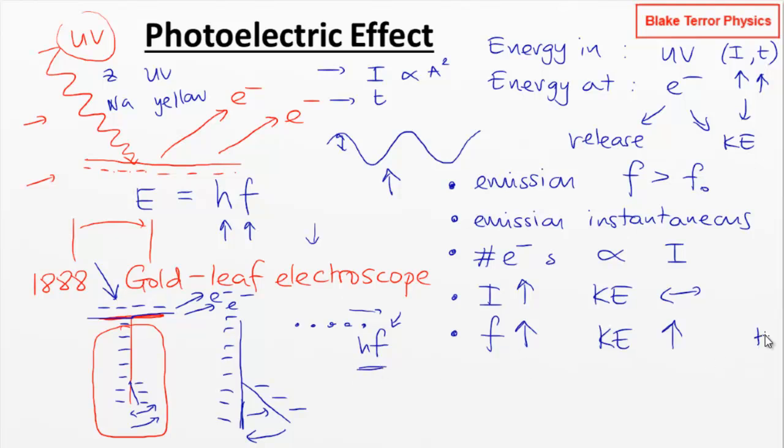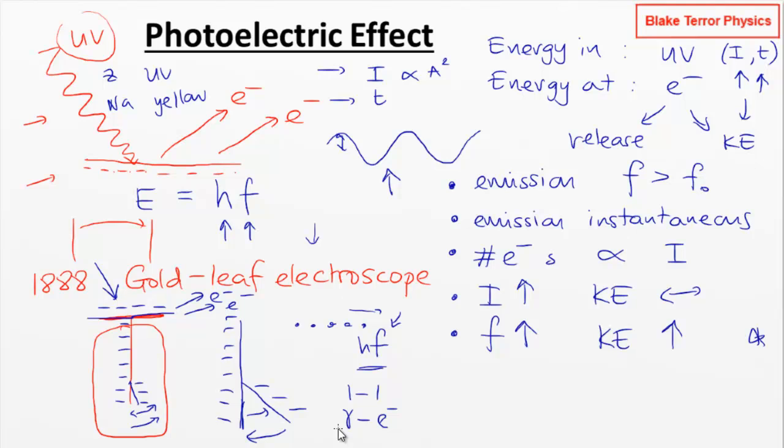So that then explains this. You increase the frequency, you increase the kinetic energy of the emitted electrons. Because Einstein was saying, well, these photons that are coming in, you get a one-to-one interaction, photon to electron. And these interactions will either result in reflection, as in the photon will just bounce off and all of the energy is taken away, or the energy of the photon will be entirely transferred to the electron.